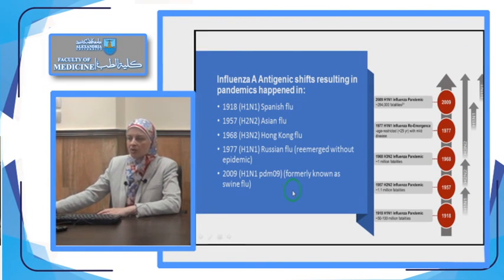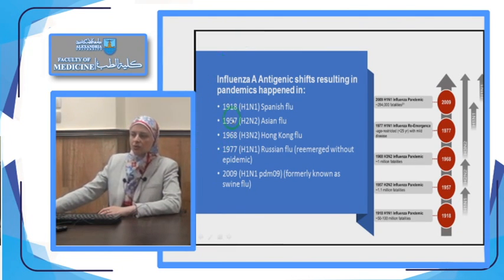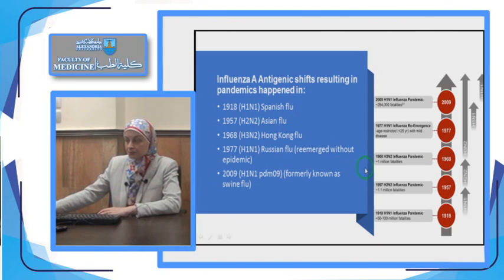So what about the major antigenic shifts that resulted in pandemics? We find there are about 30 to 40 years, sometimes 10 years, differences. So pandemics can happen at 10 to 40 year intervals. Of course, the major one was 1918, the Spanish flu, which was H1N1.